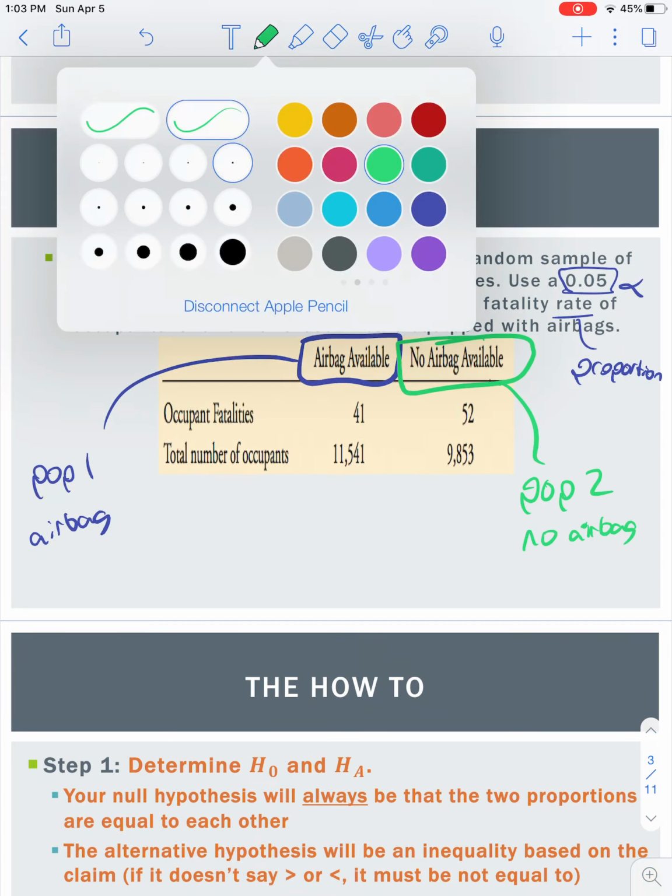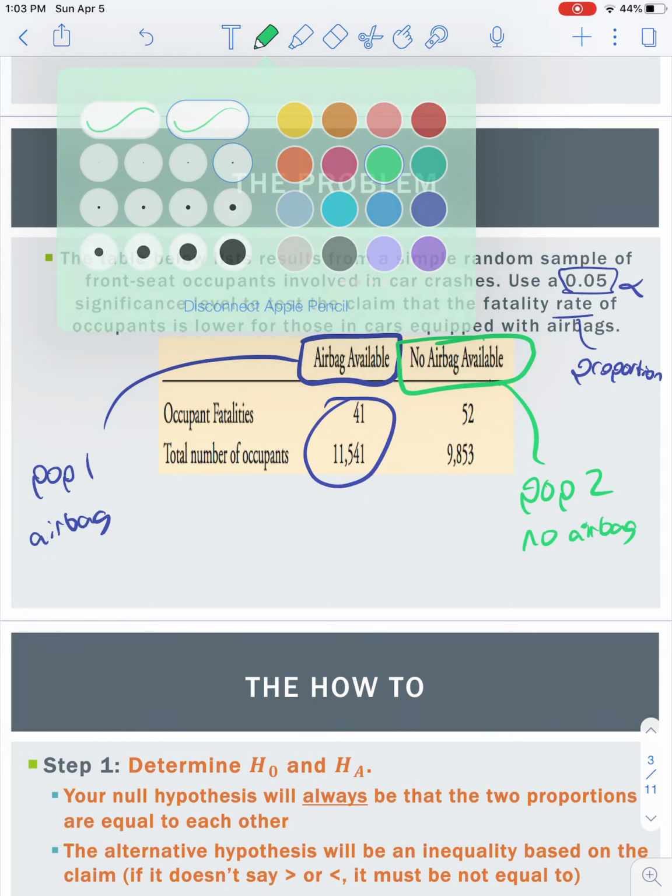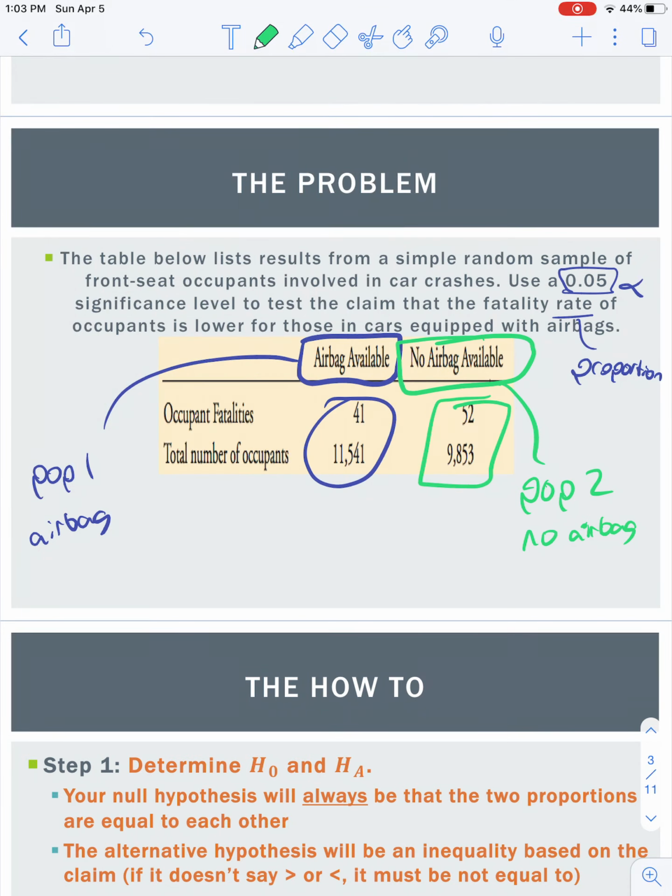So what this data is telling us is that 41 out of the 11,541 people involved in crashes with an airbag passed away. So 41 fatalities out of 11,541 incidents. And then what this is telling us is 52 out of 9,853 occupants died without an airbag.